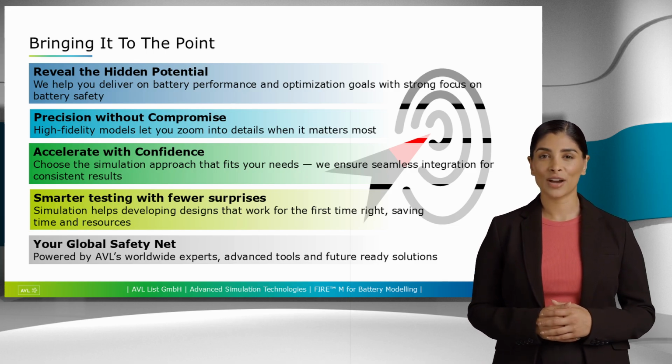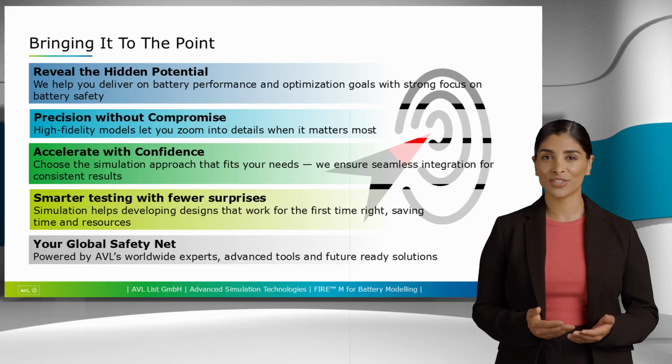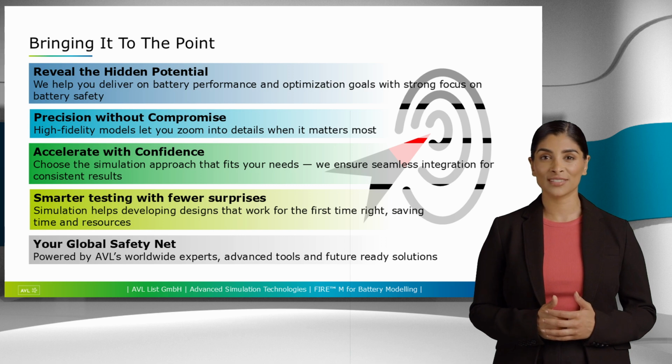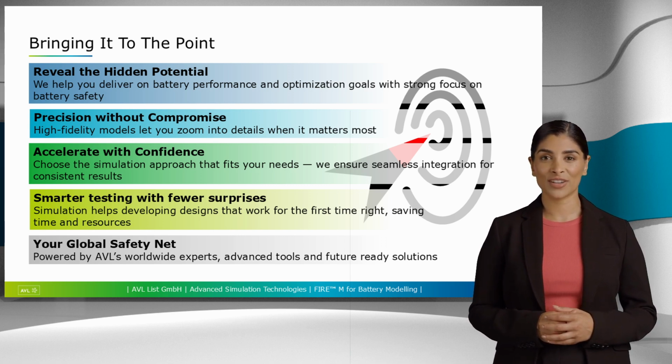Our solution comprehensively models thermochemistry and flow effects in batteries and focuses on developing safe batteries. Our high-fidelity models allow going into details if needed. Balancing speed and performance during all stages in the battery development is achieved by providing modeling capabilities applicable in 1D system and 3D component simulations.